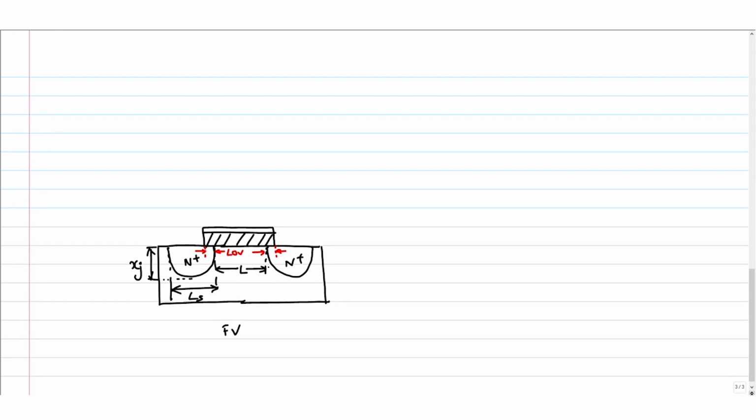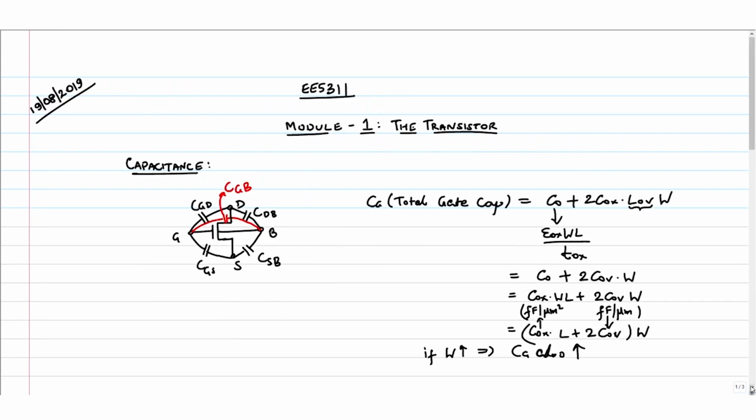In fact, if you go back to the expression of the gate capacitance that we wrote, you might now ask, why is this not just, if I remove this from here, I can write this expression as C aux into W into L plus 2L overlap.